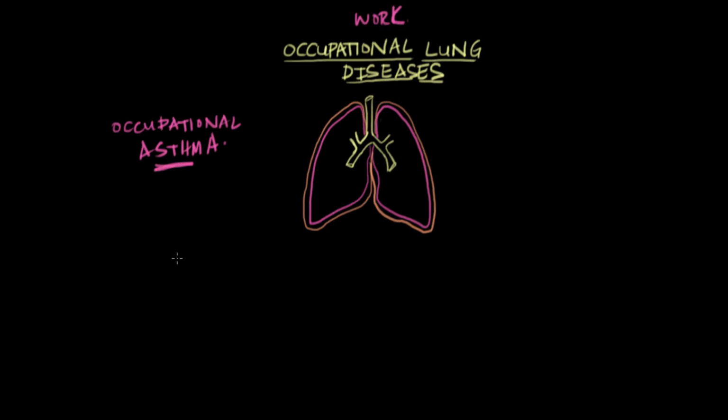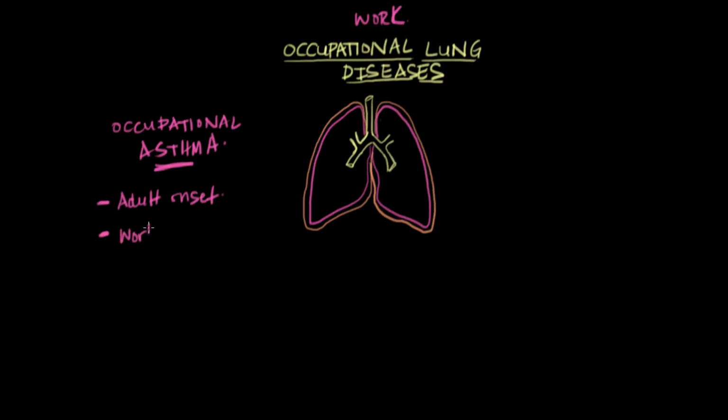And you've probably heard of plain old regular asthma before, but what distinguishes occupational asthma from regular asthma is, firstly, that occupational asthma develops in adulthood. So it's a type of adult onset asthma. And secondly, occupational asthma occurs in response to some trigger that's found at work.